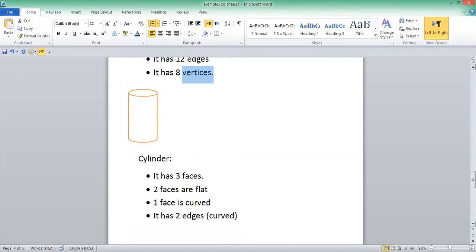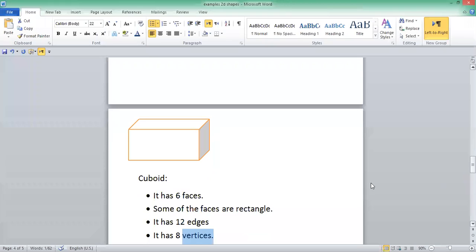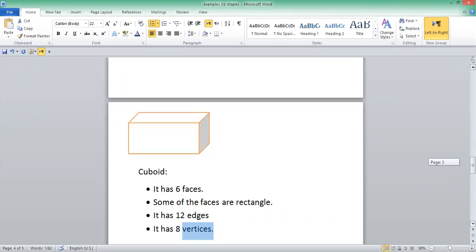Why are some students saying 4? It's 8. There are 8 vertices in a cuboid. Look here. 1, 2, 3, 4, 5, 6, 7, and down here 8. The answer is 8.